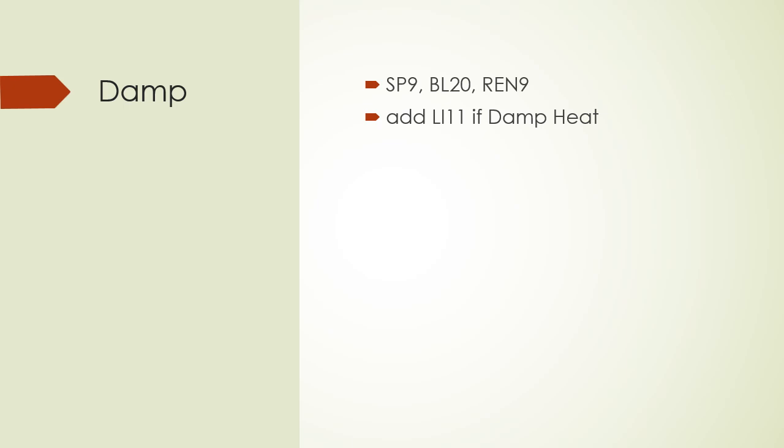Ren 9 is an important point to disinhibit urination. The name of it is Shui Fen, which means the place where the fluids part from the solid waste in the small intestine. So it's basically a point which helps to promote urination. If there is damp heat, then we add large intestine 11 to clear heat.